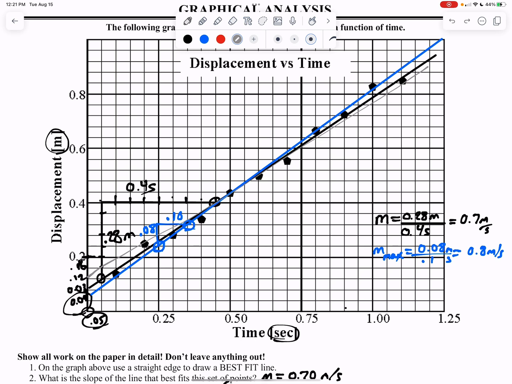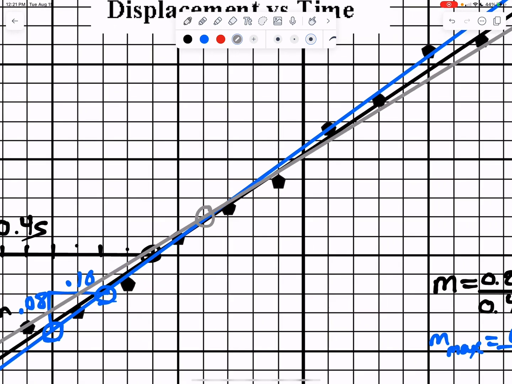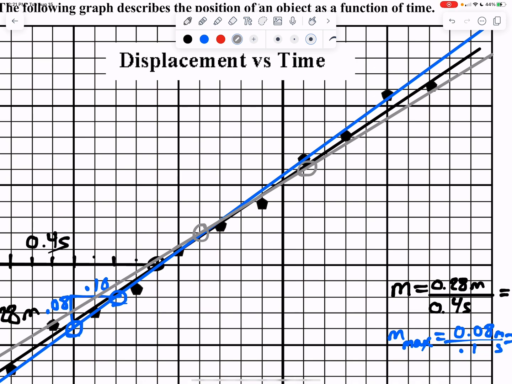A little tricky at first getting this drawing done. Okay, something like that. Now, I like that point there. And I guess we can go to that point right there.